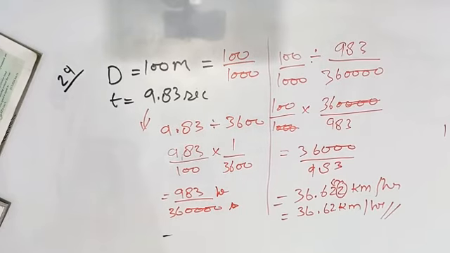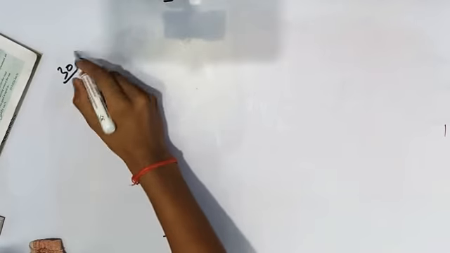Now let's move to question number 30. So friends, what is question number 30? A motorcyclist drives from place A to B with a uniform speed of 30 km per hour.